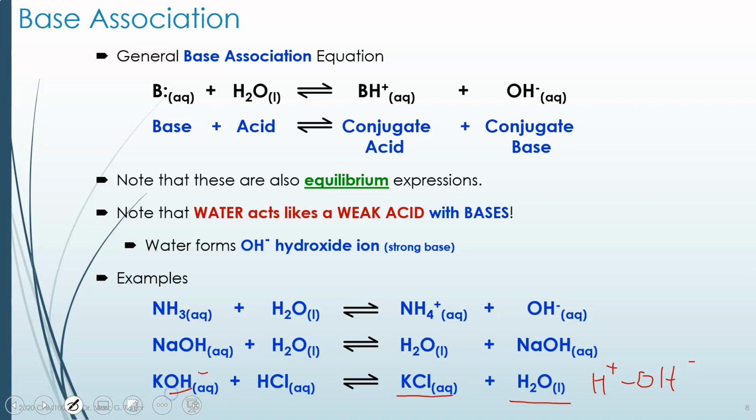We have the OH minus here, we have the H plus here, and it's a double replacement reaction in this case. So anytime you see a proton and a hydroxide being mixed together, you're going to get a double replacement reaction where you're going to end up with a salt of some type. Salt just means ionic compound, and water as your products.